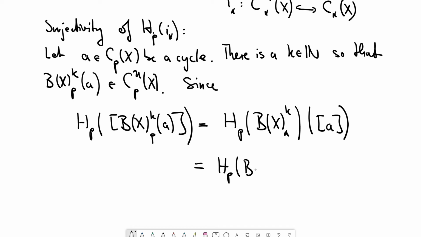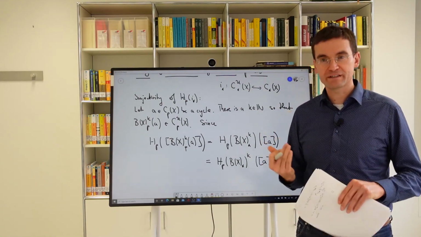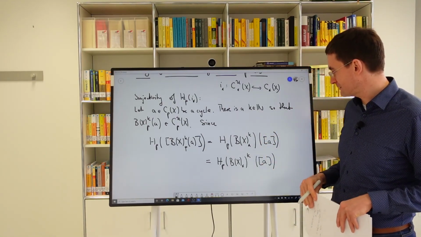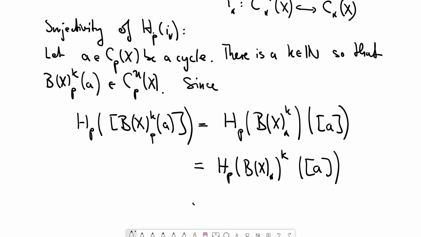This is H_p of this chain map, the k-fold composition, applied to A, but we know that H_p of B_X star is the identity because B_X star is chain homotopic to the identity, so it's the identity to the k, so it's just the identity applied to A. So this is just A, or I should say the homology class of A. And therefore, surjectivity holds. Right, so here we're using that B_X is chain homotopic to the identity.